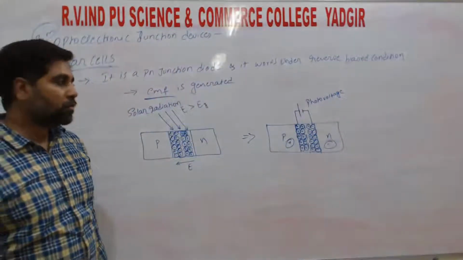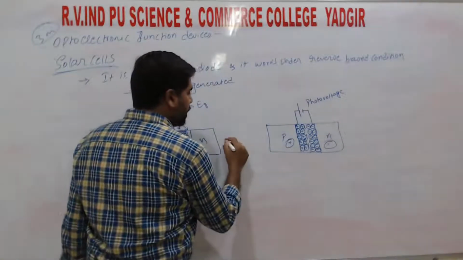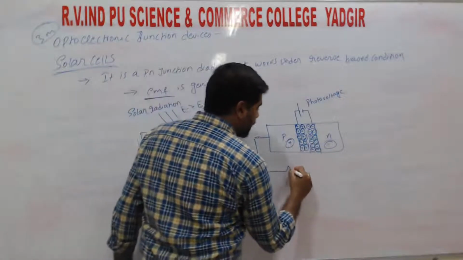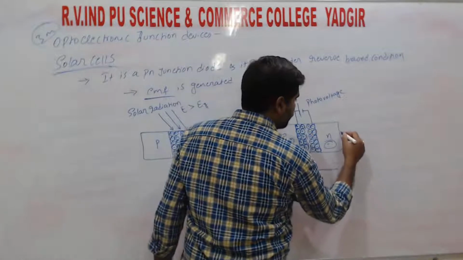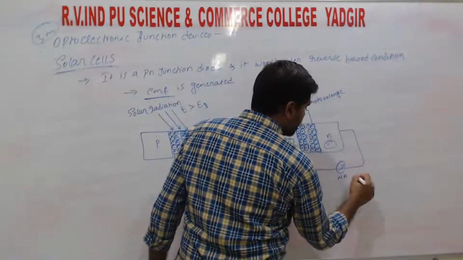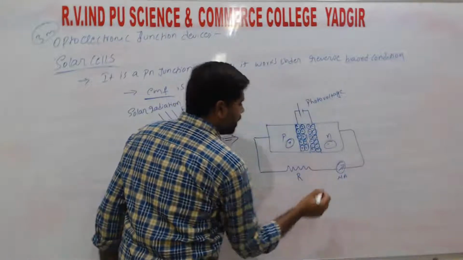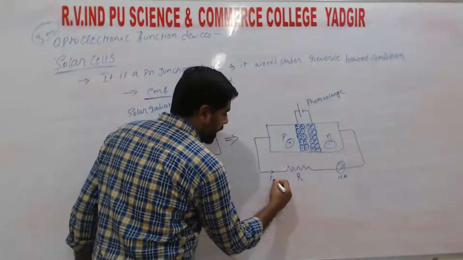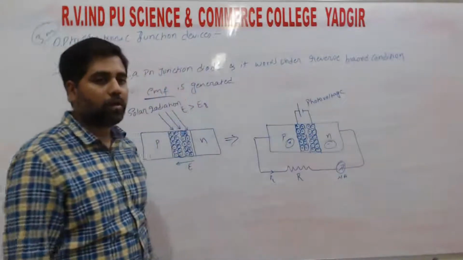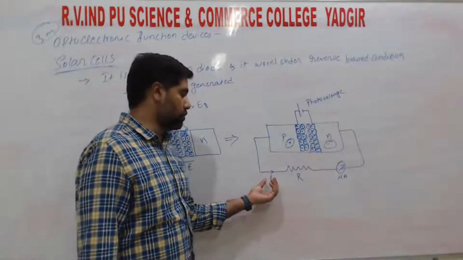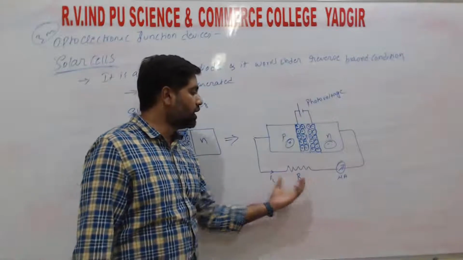So now in the same way, if across this diode we connect a resistance, so here microammeter, so here we have the resistance, right? So the current which flows across is IL or IC, that is photo current which is flowing across this resistance.